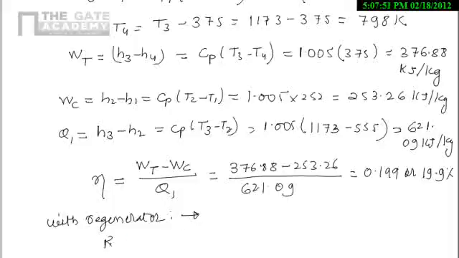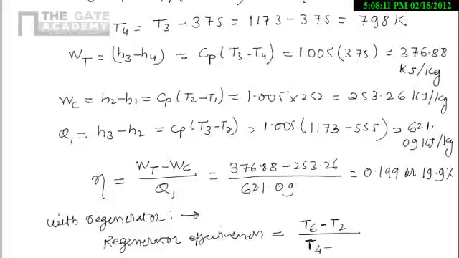So I will write regenerator effectiveness. It is nothing but the temperature difference T6 minus T2 divided by T4 minus T2. That is the regenerative effectiveness.